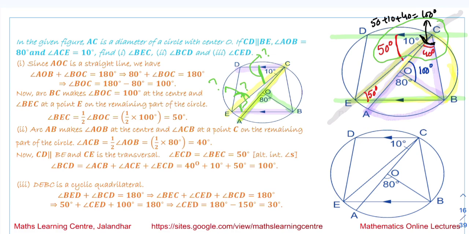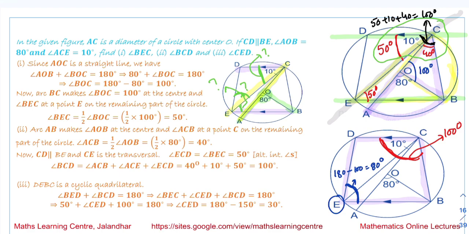Now we have measured that this whole angle over here is 100 degrees. So the measure of the opposite angle, because EBCD is a cyclic quadrilateral, will be 180 minus 100, that is equal to 80 degrees.